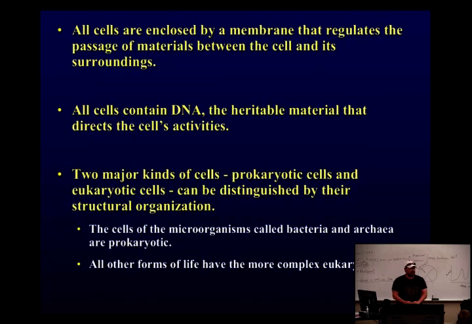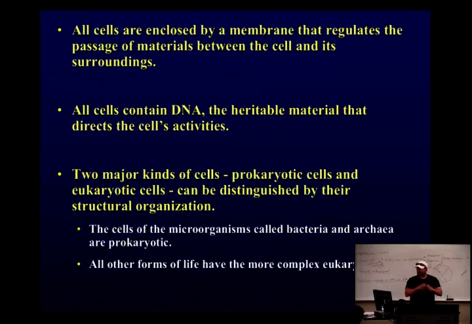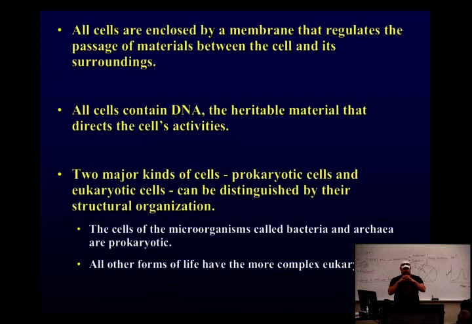Right. So in order for cells to do this homeostasis, they have to have something that encloses them. We call that a membrane, which is made out of fats, or some other organisms like plants have a cell wall, so do bacteria. That's a little more rigid, a little stronger.